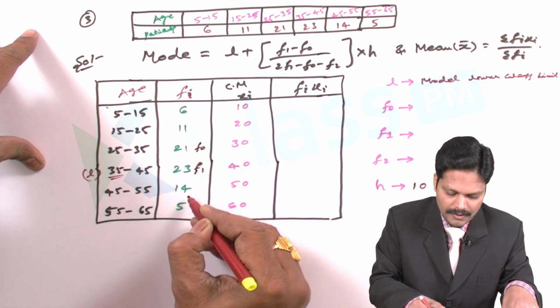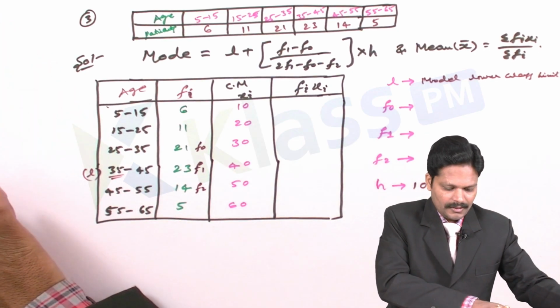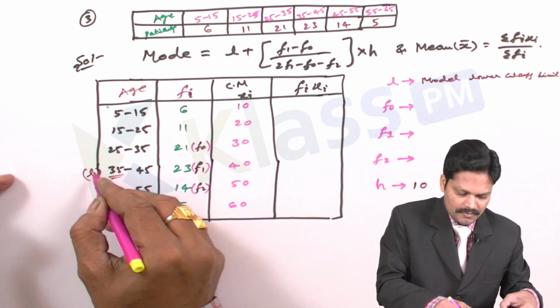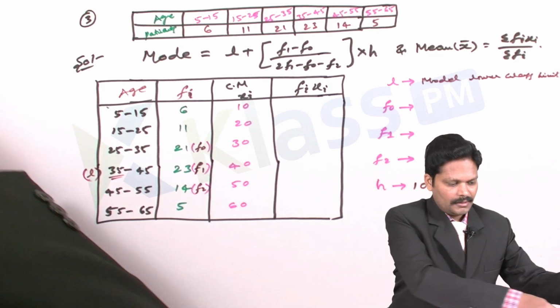This is the F0, this is the F2. In this manner we can identify the data. By substituting these values in the given formula, we can identify the mean and mode.